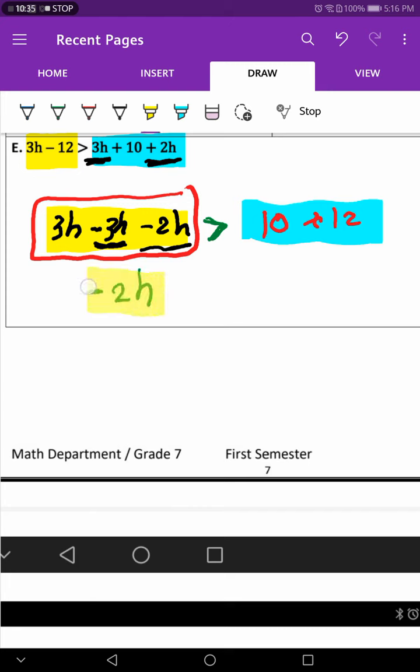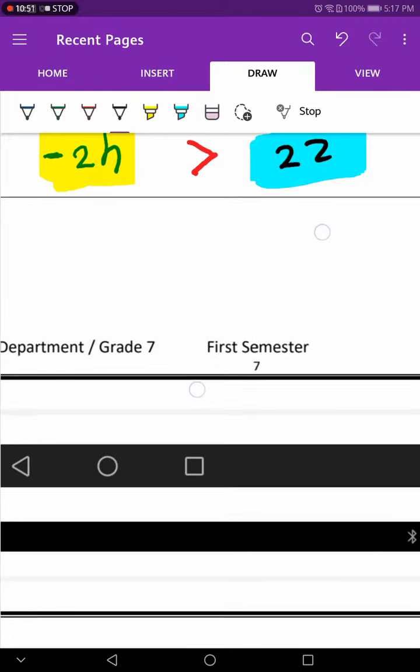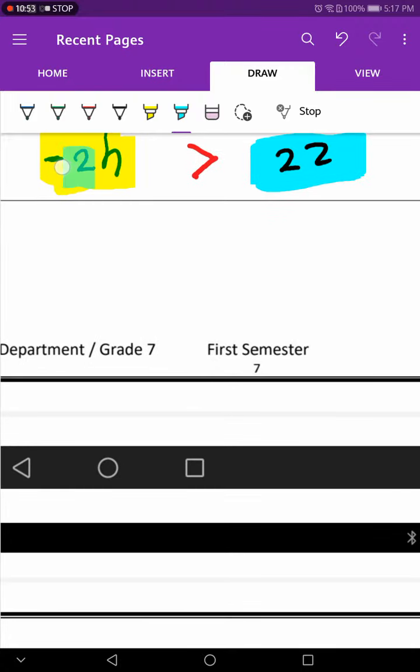So this is the left side. What about the right side, my dear student? It is easy. 10 plus 12 equals 22. Now I reach here. The coefficient is negative 2.